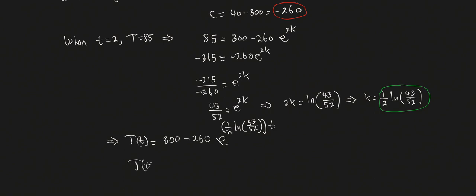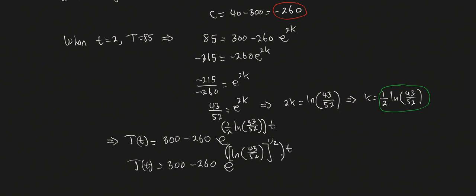So we have our temperature, 300 minus 260. If I bring up the 1/2 and make it an exponent of the ln, then this is e to the ln of 43 over 52 raised to the 1/2 power, and then all of this is multiplied by t, right?